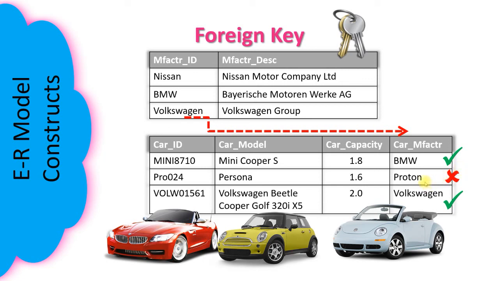Here we get Proton wrong because Proton does not exist in the parent table, the manufacturer table. The manufacturer table is the parent table in this relationship. It allows us to have data redundancy, but it is controlled through the referential constraint, through that rule, to maintain data consistency involving these two related tables.